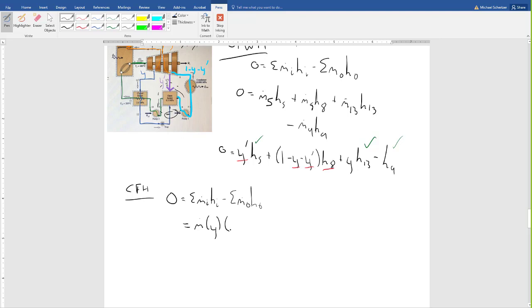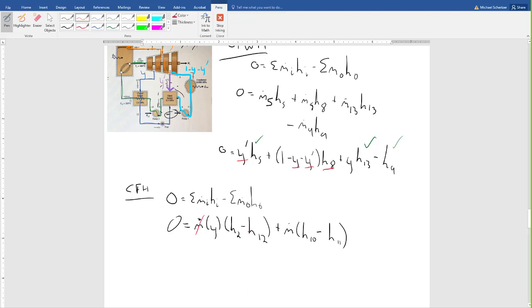So this is h2 minus h12. And then on the other line, this is going to be plus, this is just m dot. And this is going to be h in is h10 minus h11.